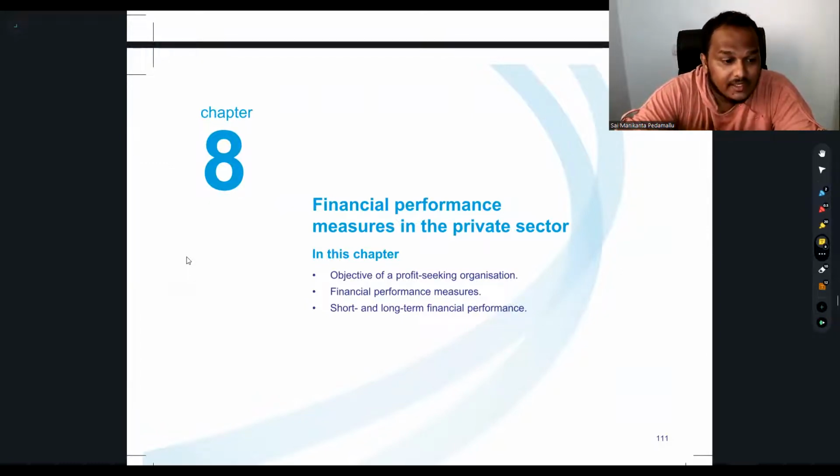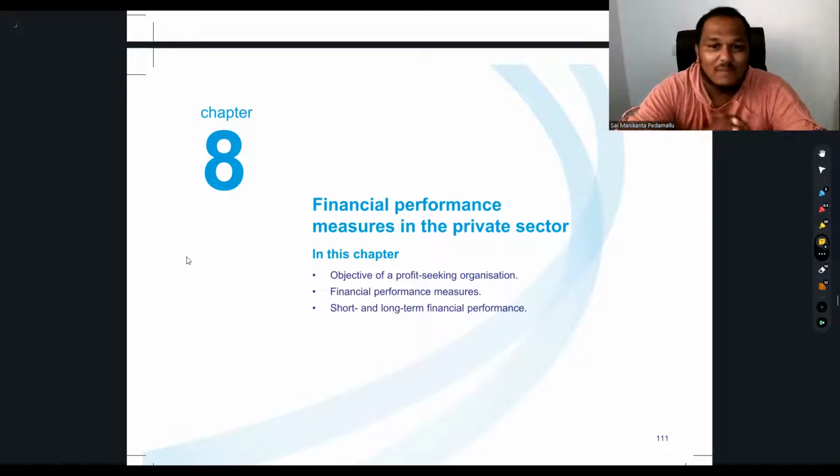The same is repeated again in the next topic, which is the non-financial performance measures. That would be the most important topic in your APM syllabus. Anyways, we'll get to that. I know you guys need more, like, sir, concepts are good, but tell us the most important topics for examination. Your focus is on that.